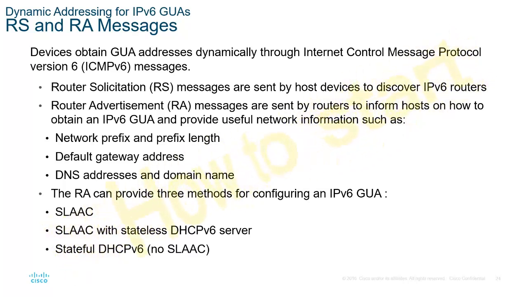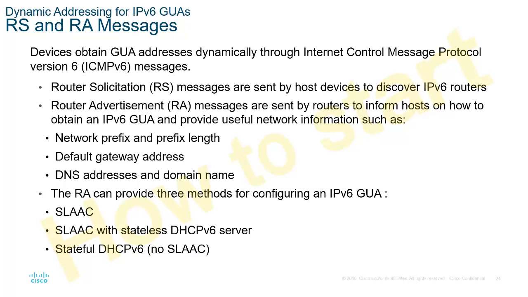Solicitation messages are sent by the host to discover the routers. Router advertisements are the messages sent by the routers to inform the hosts how to obtain that information. Part of that information will include things such as the network prefix and the prefix length, the default gateway address, DNS addresses if available, and the domain name, if available.